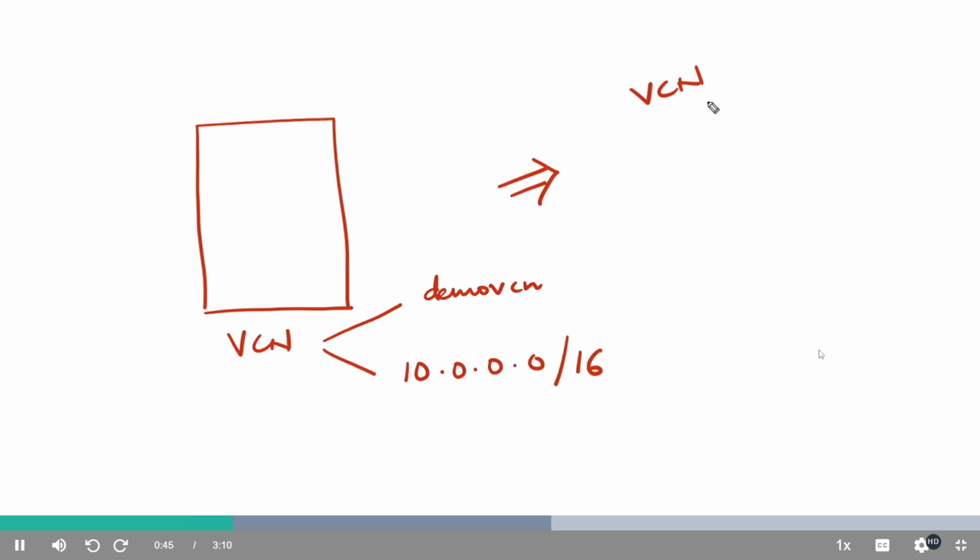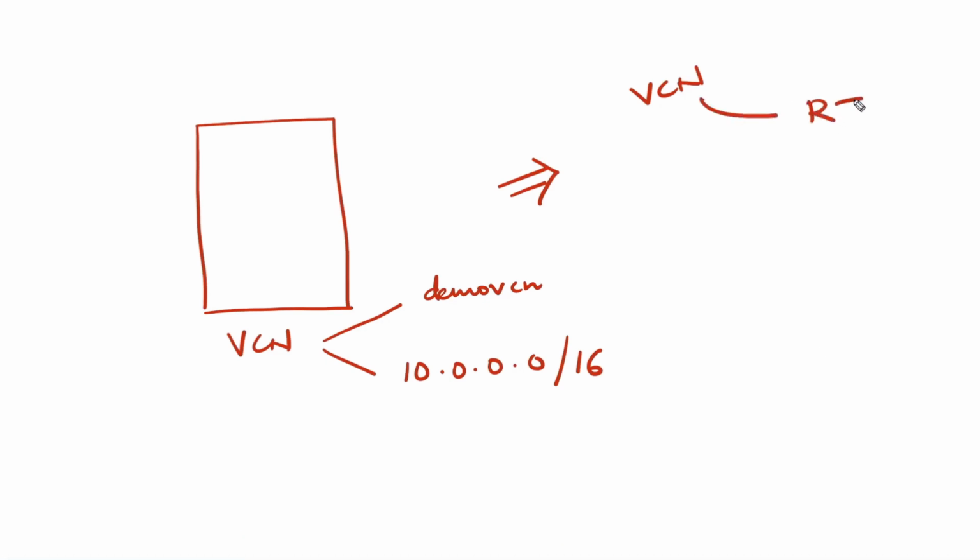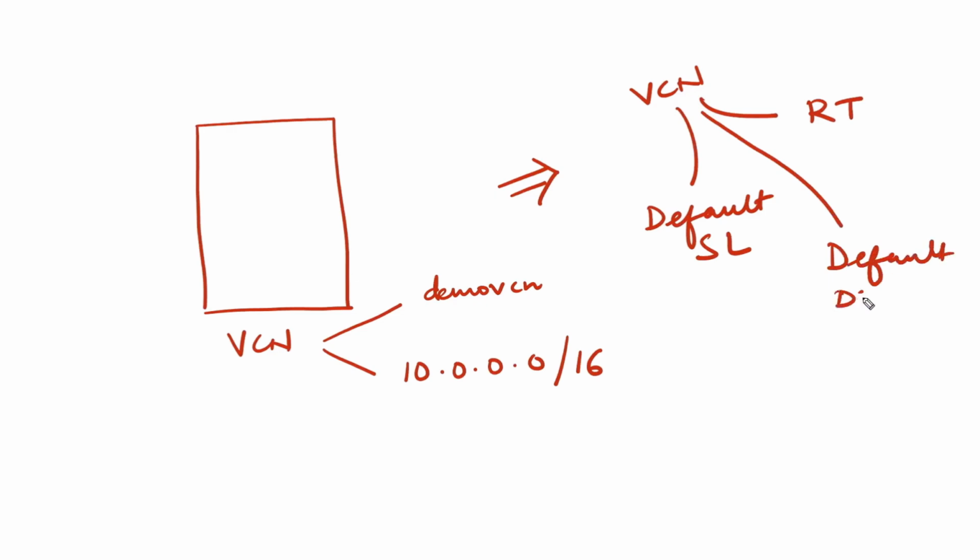But we will see that there will be a route table created. There will also be a default security list and a default DHCP option created. So let's go ahead and create the VCN manually.